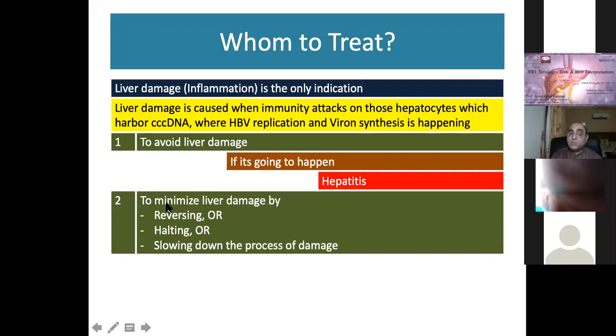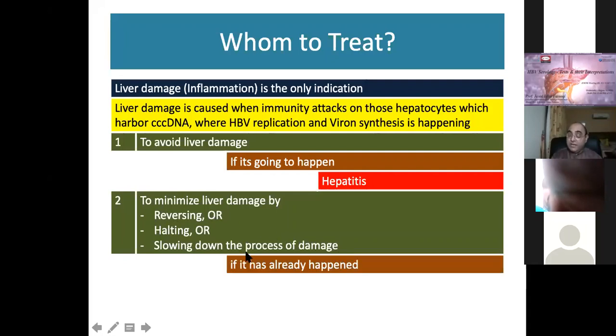Second, to minimize liver damage: if hepatitis B virus has already damaged the liver of a patient who has come to you, our aim will be to reverse that damage. If you cannot reverse it, halt that damage. And if you cannot halt it, slow down the process of damage. What does it mean? It means the damage has already happened, and this will be either fibrosis or cirrhosis.